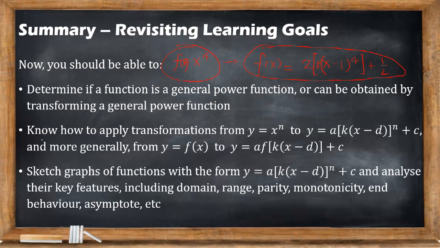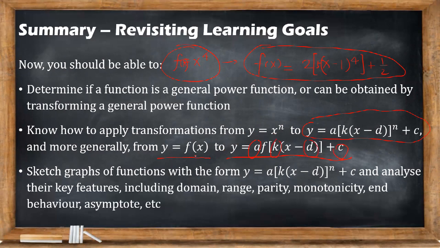Okay. Second, you should be able to know how to apply transformations from the original function y equals x to the power of n to a new function with the form here, right? And more generally, from any given function y equals f(x) to a new function with the form like this, right? The four parameters are a, k, c, d.